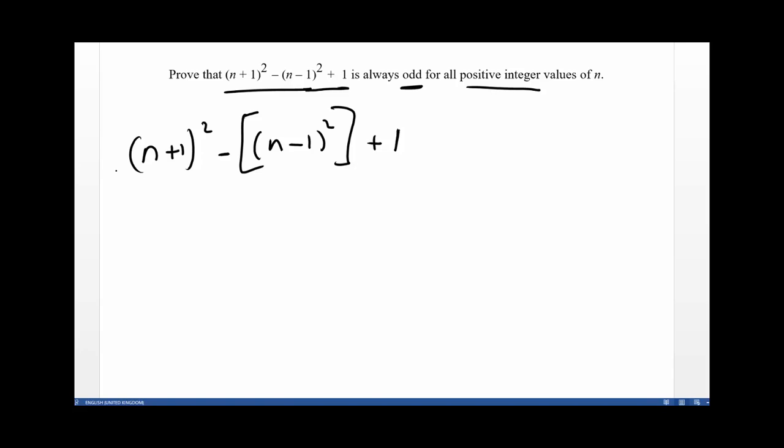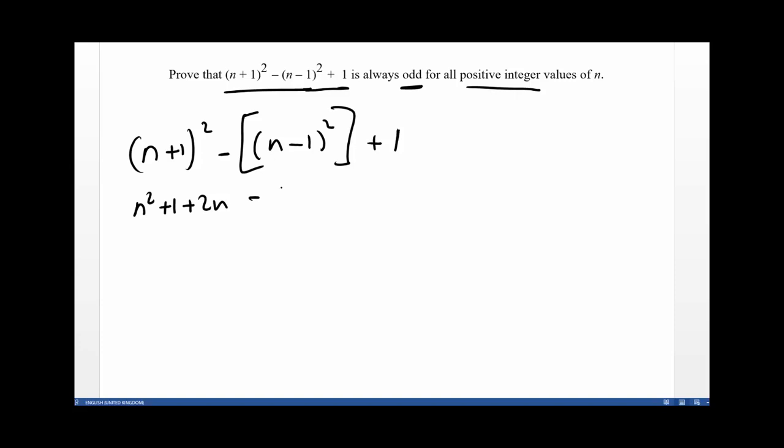Just as we did in our previous example, I'm going to expand out these brackets using the quicker method. I'm doing this one first. That's going to be n², plus 1, then 2 times n times 1 is 2n, so plus 2n.